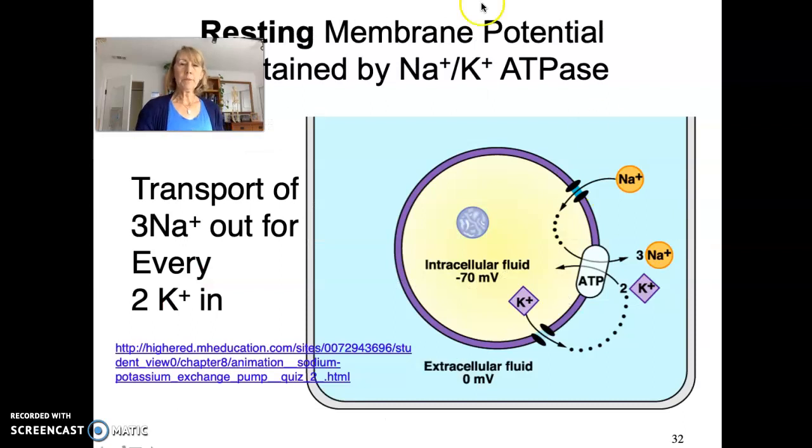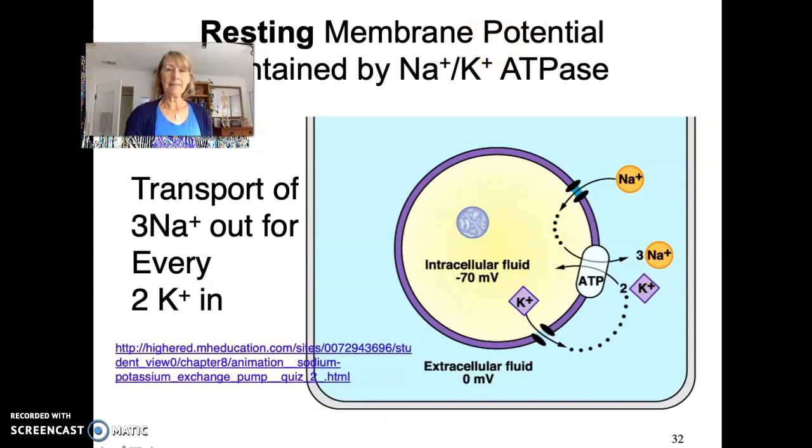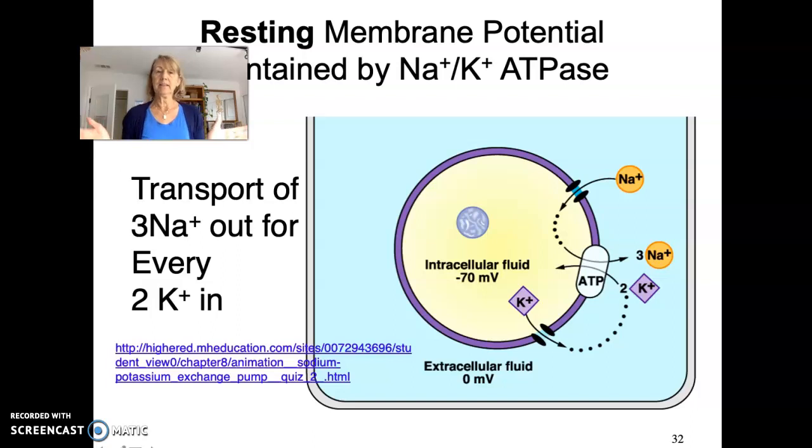So the resting membrane potential needs to be maintained, right? Because if you just let the water flow out of the dam, it's just going to flow and it's over. So you need to have that strength to put it there. It's maintained by a sodium-potassium pump, and that takes ATP. It takes force to get that wall up, to keep that water in the dam.